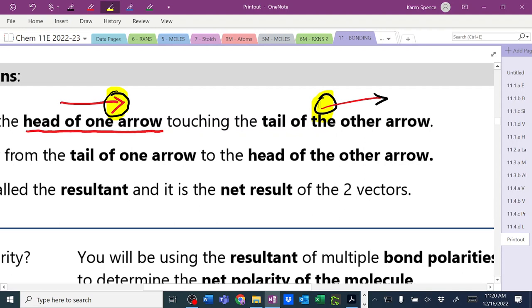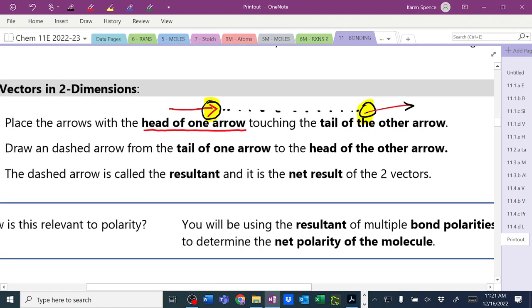And we're going to make sure that the head of this arrow touches the tail of the other arrow. You don't want head to head, you don't want tail to tail, you want head to tail. Then we are going to draw what is called a resultant. It is the net result of the 2 vectors.